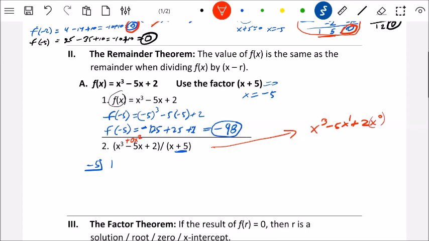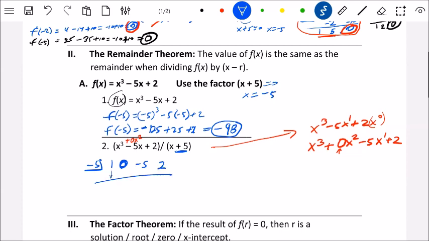But we're missing the x squared term. It has to be in order, and you have to have a place for it in synthetic division. The reason we don't have an x squared is because the coefficient that multiplied it was a 0, and we have to use that 0 in the synthetic division. So here's the 0, and then I will put the coefficient of the negative 5 and the constant of the 2.